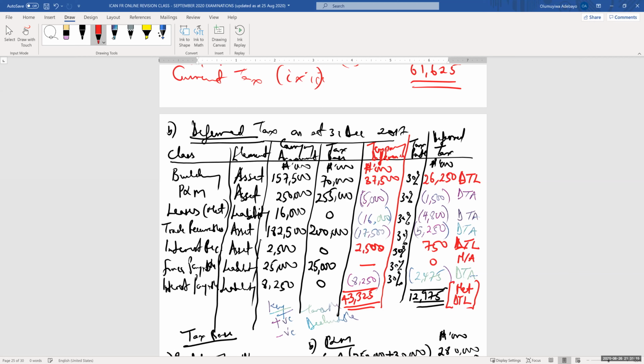When you now multiply this by 30%, what do you get? You still get the same thing as 12,975, which means you can use any approach.